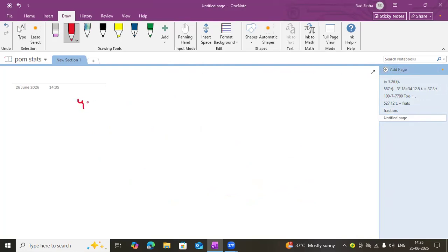Next is 428 4 by 7%. So this can be broken up as 400 plus 28 4 by 7%.